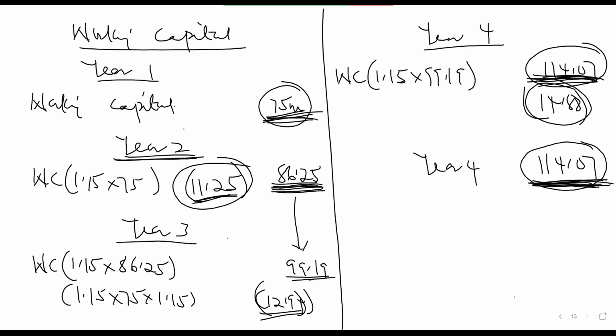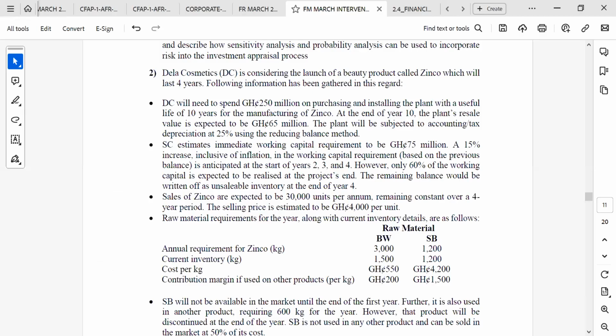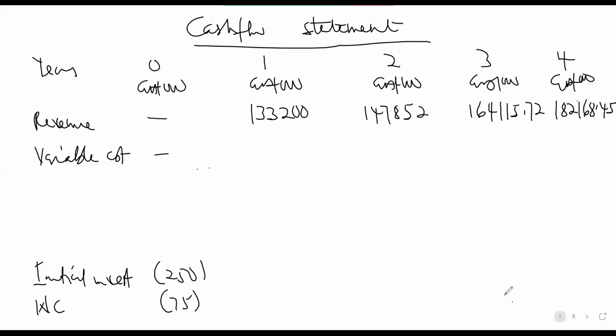What is the question? 60% of the working capital is expected to be realized at the end of the project. Okay. So let me come here. This working capital will be 11.25 over here. This will be 12.94. And this will be 14.88. Am I correct?